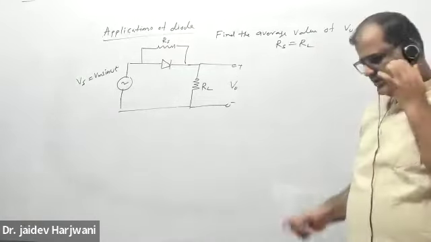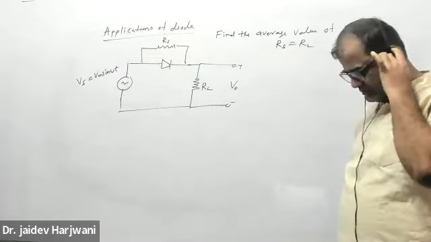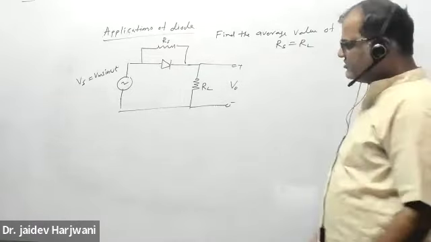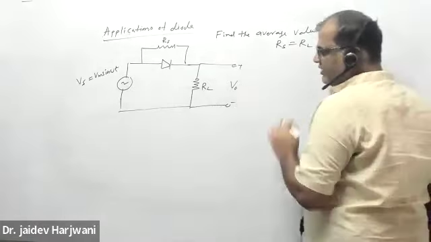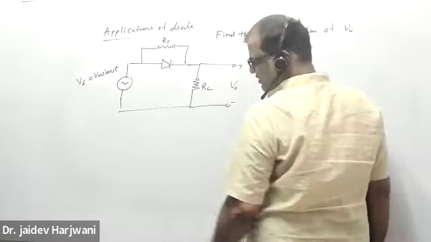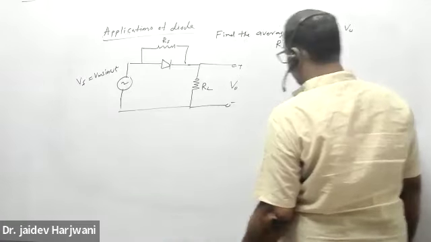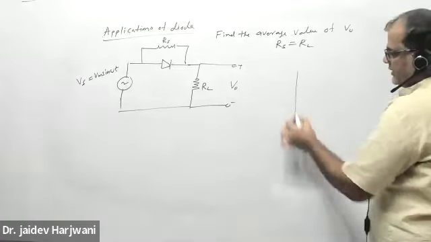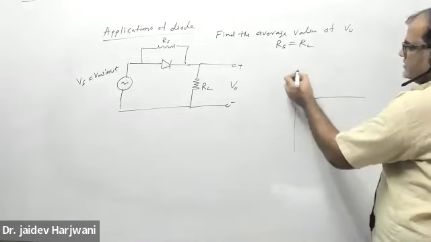Now you want to find what the V output is here. So tell me how to do it. First, for the positive cycle, what is V naught, and for the negative cycle, what is V naught? Say my V input is like this.